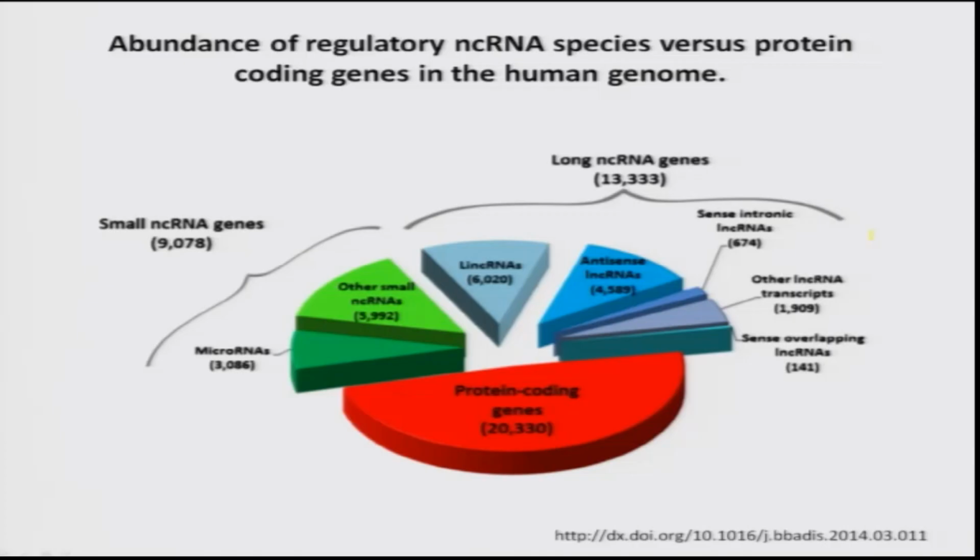What is known is that you have these classifications that have come from a recent paper, which says that you have protein coding genes, about 20,000 odd, whatever it is. Then you have the other types. These are called small non-coding RNA genes, because they code for what are called microRNAs and so on, which are very short RNAs.